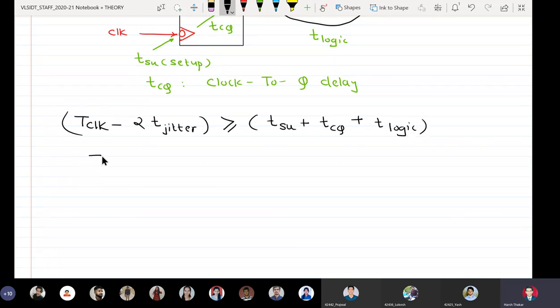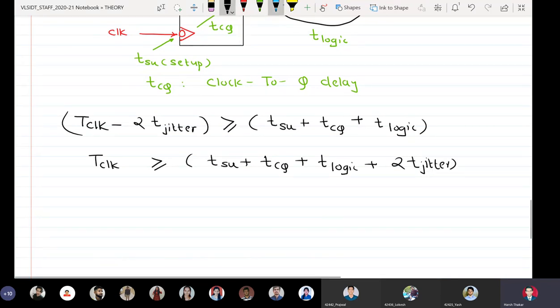Or we can also write TCLK should be greater than or equal to T setup plus clock to Q delay plus combo delay plus 2 times T jitter. So this entire bracket consisting of 4 terms represents the minimum delay in the circuit.